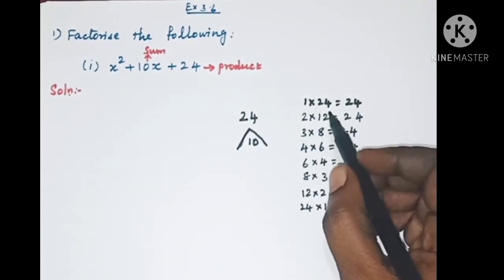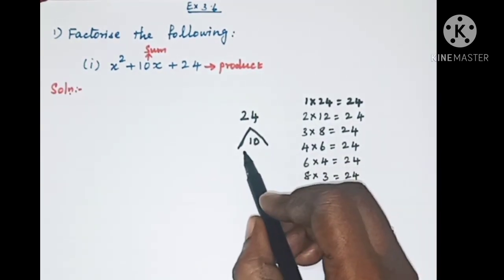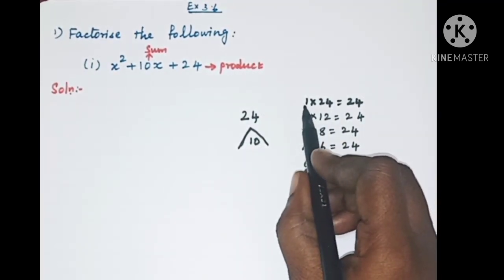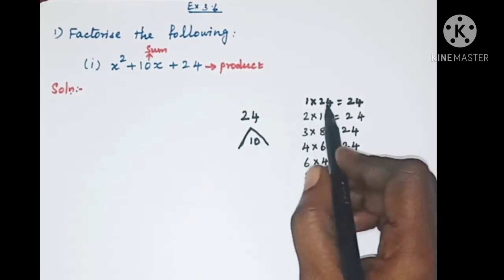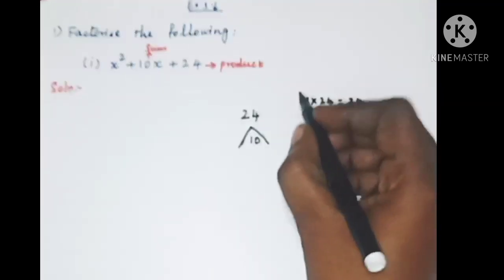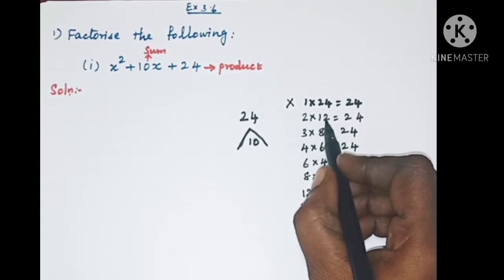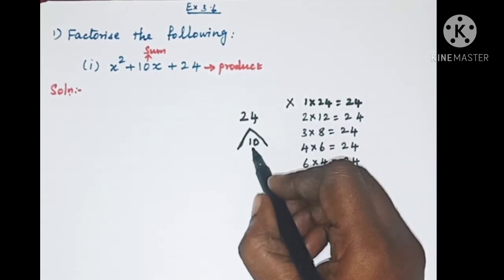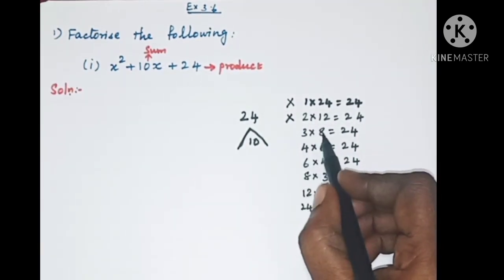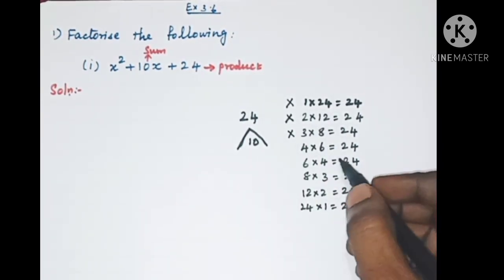Now we have to identify the two numbers. If we multiply the two numbers, we should get 24, and if we add the two numbers, we should get 10. Here 1 and 24, 1 plus 24 is 25, but we have 10 here, so this is not the possible numbers. Next is 2 and 12, 2 plus 12 is 14, but we should get 10, so this is also not the possibility. 3 plus 8 is 11, this is also not the possibility.